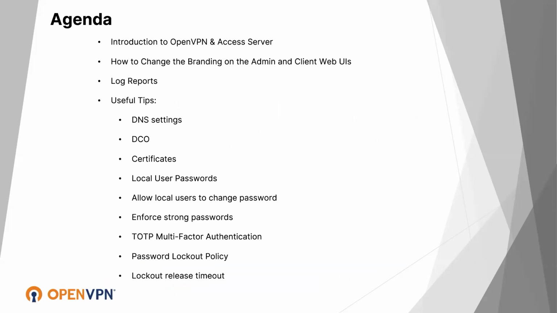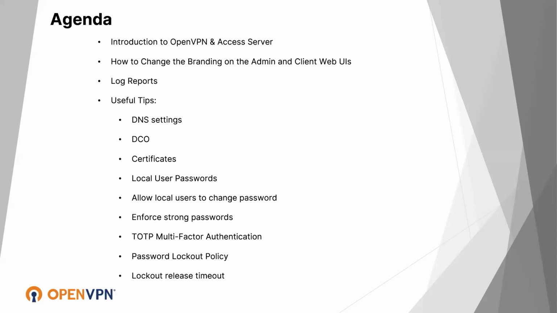So today our agenda is here. We're going to very quickly do an introduction about OpenVPN and Access Server, less than a couple minutes, and then we're going to jump into the admin user interface of our Access Server. We look at how to change the branding on an admin and client web UI.